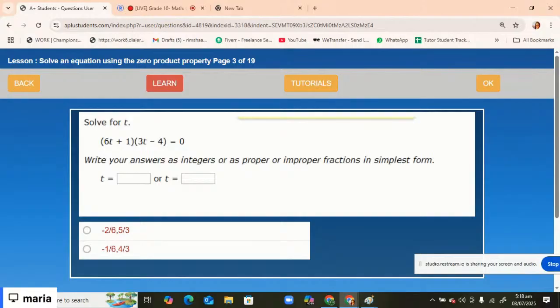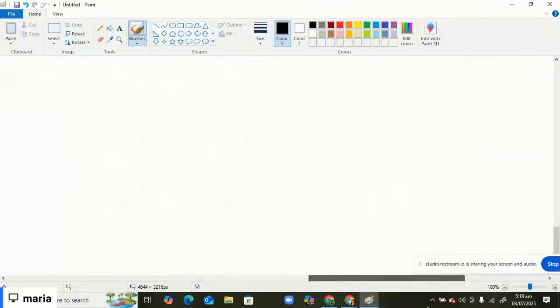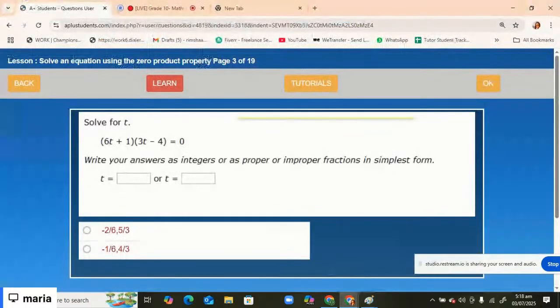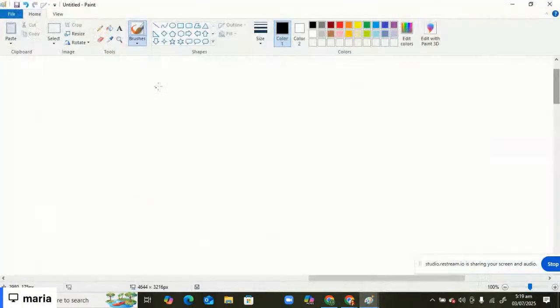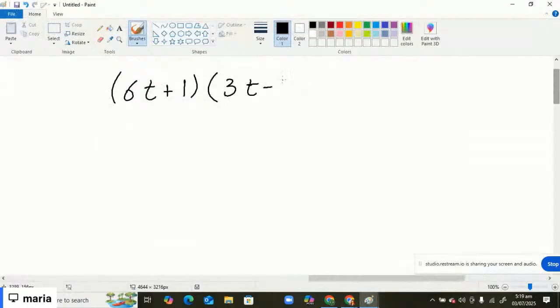Now (6t + 1)(3t − 4). Let's write it. 6t plus 1, 3t minus 4, that is equals to 0. Now separately both equals to 0 and then just find the answer.